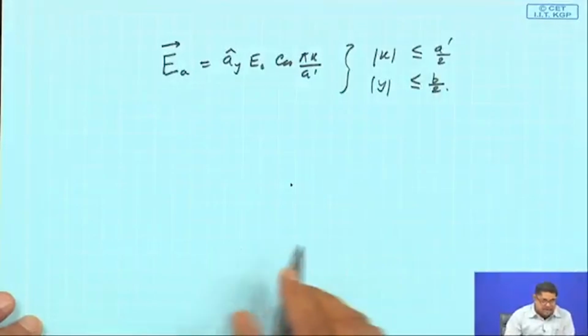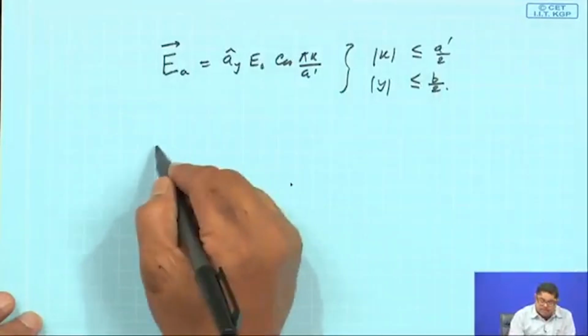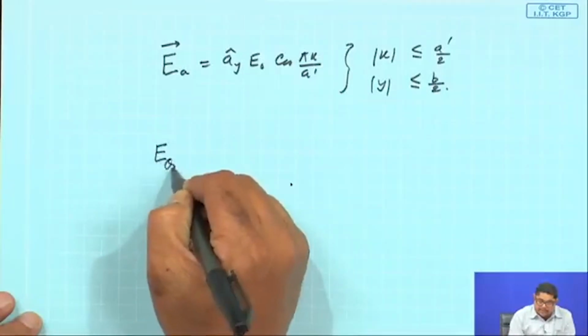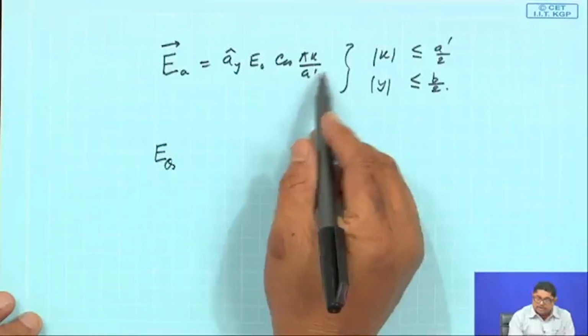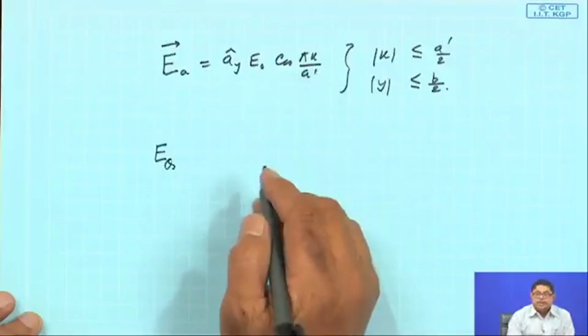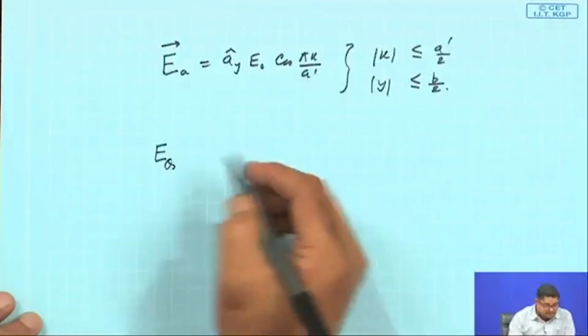So we can easily find out what the far field will be. In this case there will not be any phi component, because we do not have any x component in the field, as we have already seen in the case of the open ended waveguide.